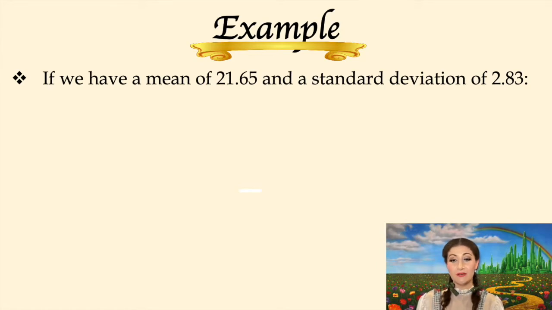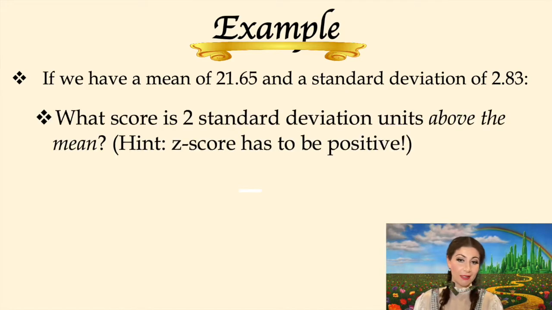If we have a mean of 21.65 and a standard deviation of 2.83, what score is 2 standard units above the mean? Now here the key phrase above the mean is a good indication to us that the z-score is going to be positive. In our previous example, the deviations were below the mean, so we had to make it negative.